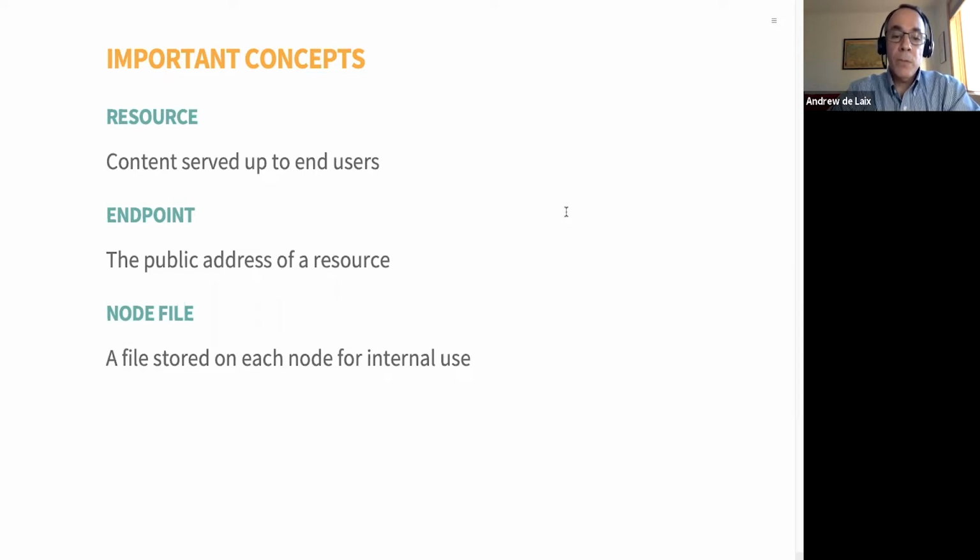The second concept is something we call an endpoint. So the resource is something that is served up, but the endpoint makes it addressable. So we've separated out the content from the resource locator.